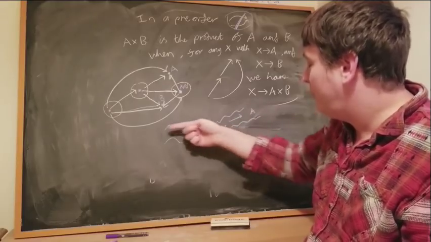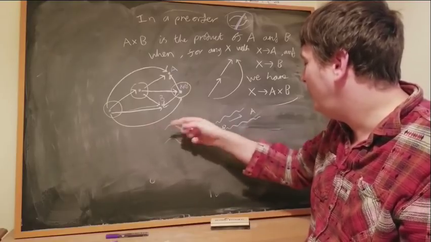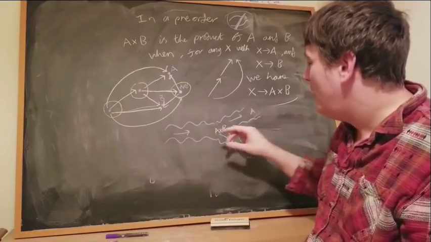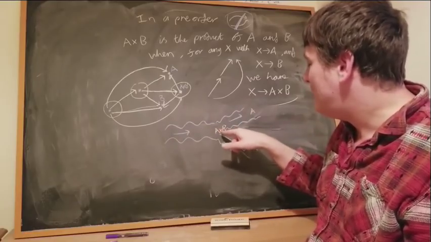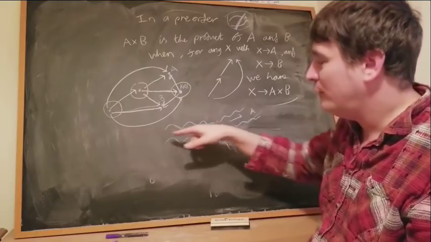Anywhere else further along the stream also has the property that you can reach A and B from it, but you can also always reach this product from anywhere further along this stream.